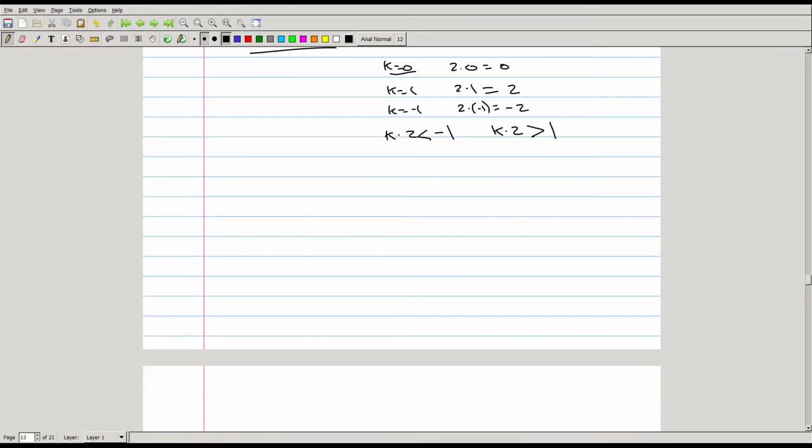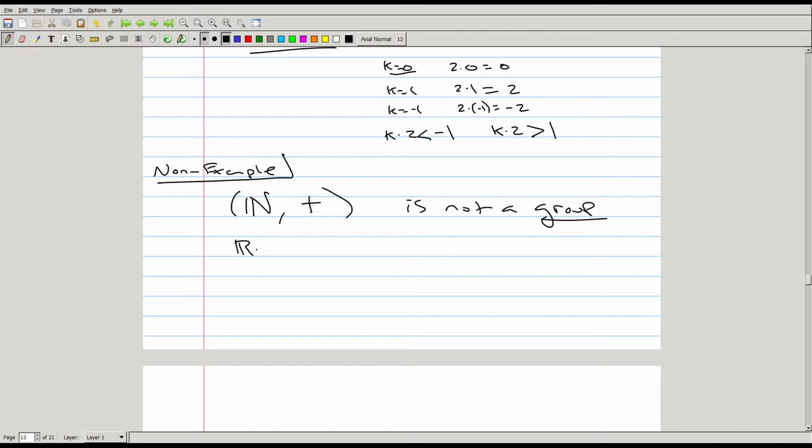For another non-example, consider the set of natural numbers and addition. This is not a group. Remember that the natural numbers are 0, 1, 2, and so on and so forth.